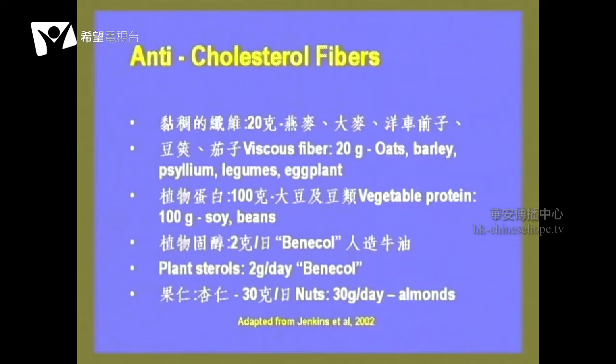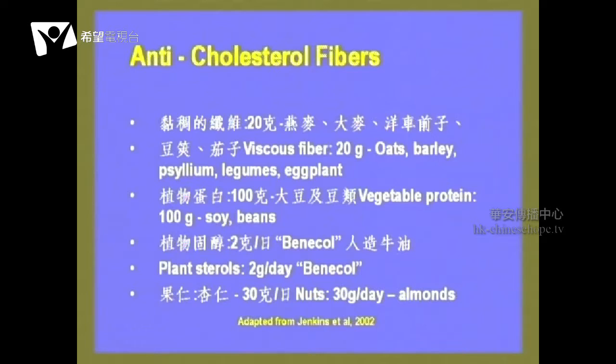Then the second point is to use more vegetable proteins from beans. And then we advise to use the right types of fat.